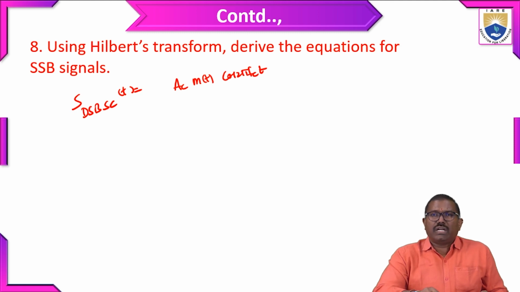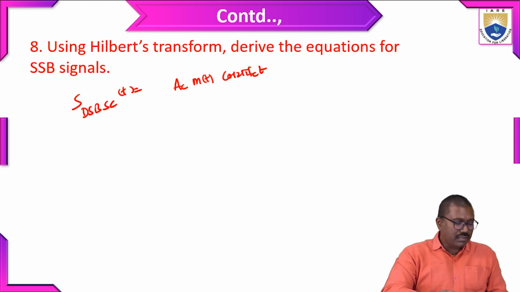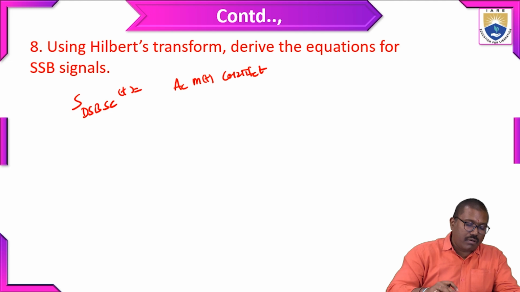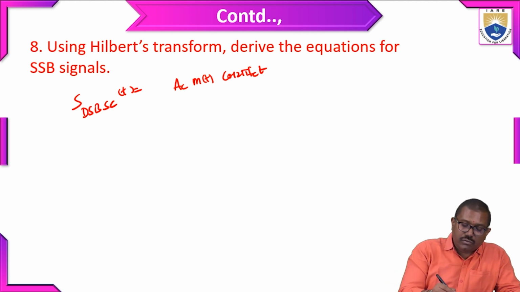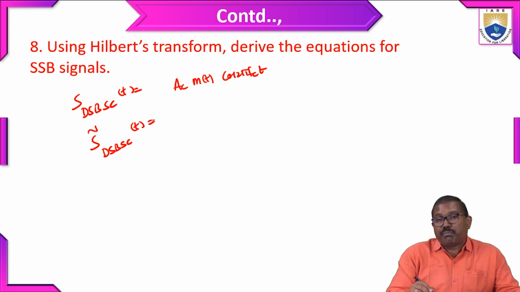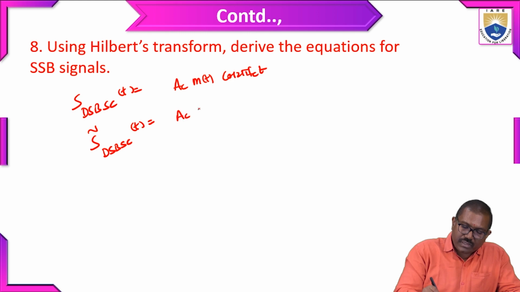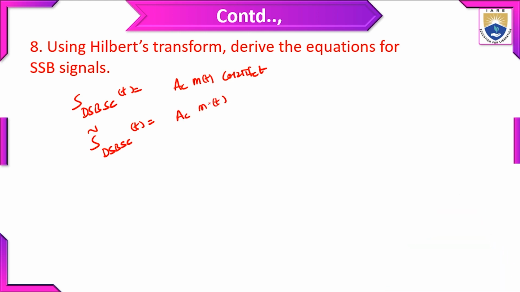When you multiply these two terms, it produces the DSB-SC signal. This is the time domain description of the DSB signal, that is, c of t into m of t. The low pass complex envelope of the DSB-SC modulated wave is simply Ac m of t.